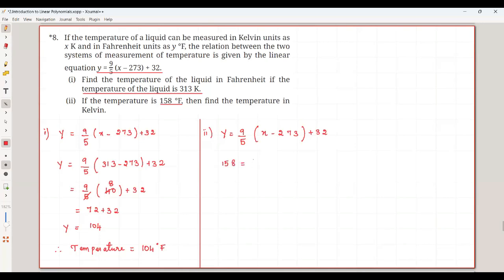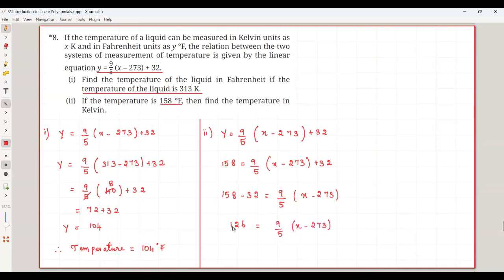So 158 is equal to 9 by 5 into (x minus 273) plus 32. 158 minus 32 equals 9 by 5 into (x minus 273). Now 158 minus 32 is 126, so we have 126 is equal to 9 by 5 into (x minus 273).